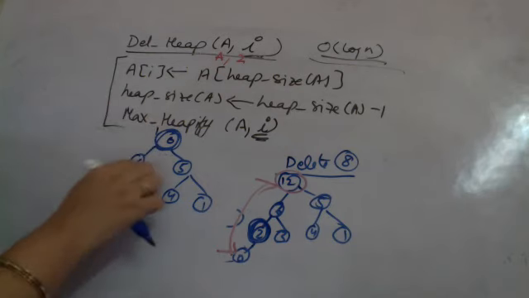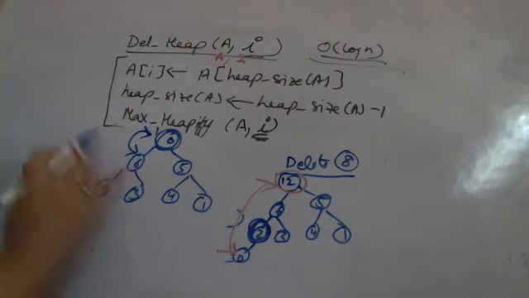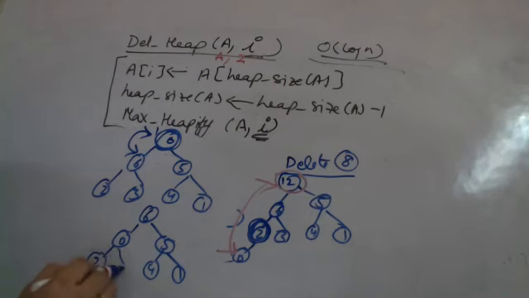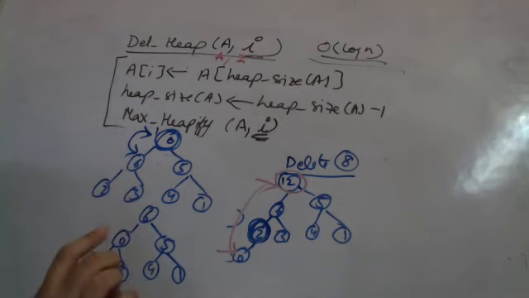Again I check 0, 6 and 5. 6 is the largest and it is not the parent, so a swap will happen. After swapping, 6 will come here and 0 will come here. The rest of the heap remains the same. Now again heapify will be called for the swapped position, wherever the largest was located. So for the position of 0, heapify is called again. The largest is 3.